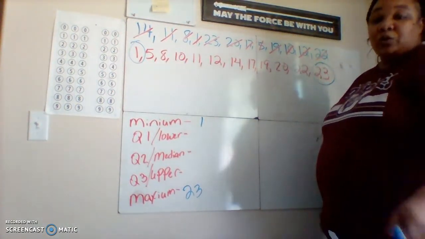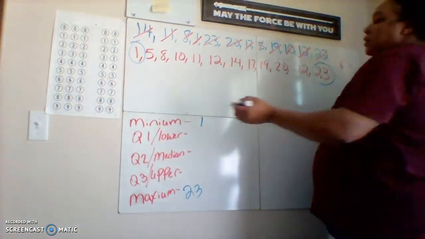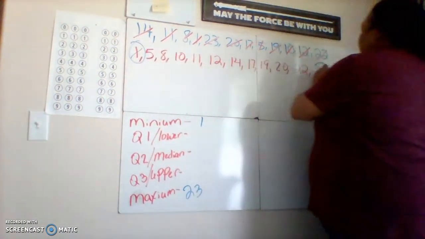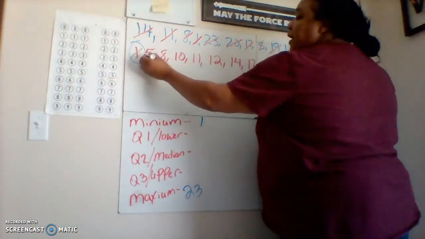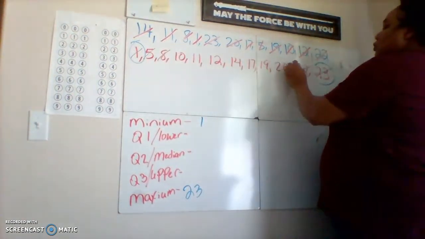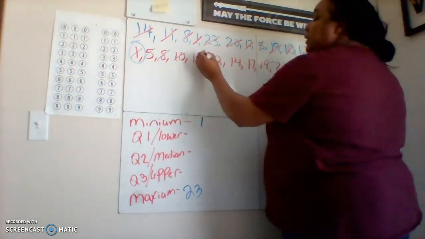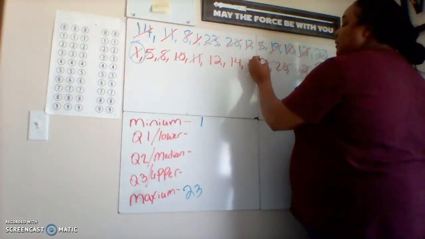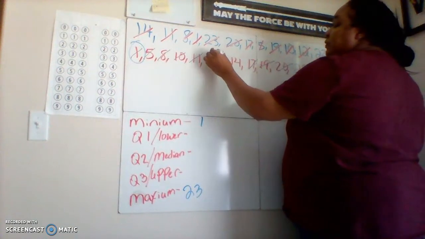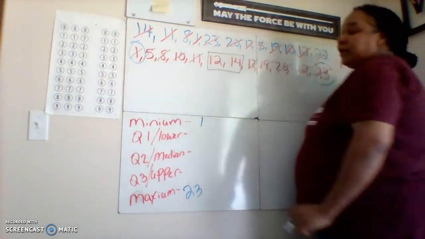So let's do that. We have 1 and 23, 5 and 22, 8 and 20, 10 and 19, 11 and 17. And all we have left are the 2 middle numbers: 12 and 14.